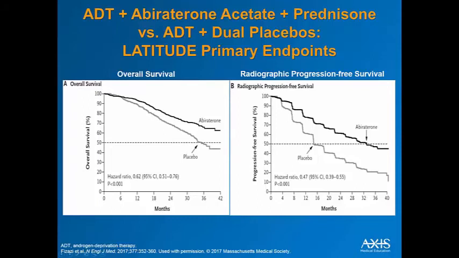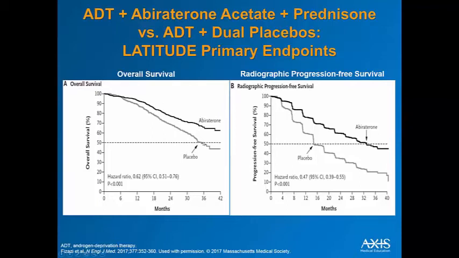You either had to have a Gleason 8 to 10, that was one factor that was considered. You had to have a visceral met, so something in the liver or lung, or you had to have 3 bone mets. And so if you had a Gleason 8 and 3 bone mets, you'd be eligible for the study. If you had a Gleason 7 and 2 bone mets, you would not be eligible for the study unless you had a visceral met, but most patients don't.